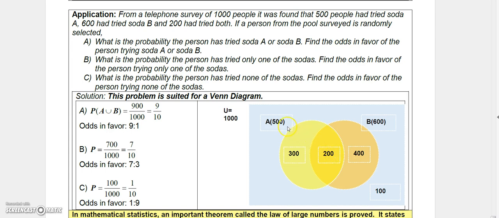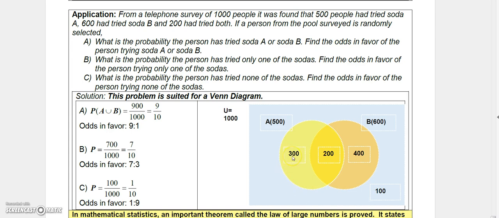So if you take 200 from 500, then 300 tried only soda A. If you take 200 from 600, then 400 tried only soda B. And then if you add these together, 300 plus 200 plus 400, that gives you 900. And if you take 900 away from 1,000, that leaves 100 that didn't try either.